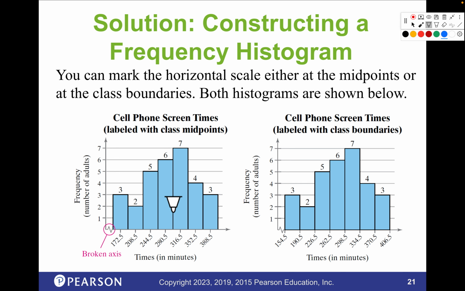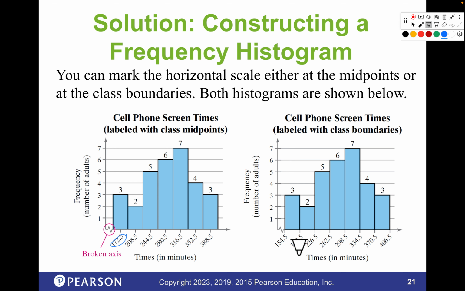And then what they do, there's a couple different ways you can do this. So one way of doing it is you could use the midpoint on your graph. And I'll show you how you can actually do multiple graphs. So once you've got your frequency table, you could make this one, or with a quick change, you could make the other one. You could also show the lower and upper limits for each bar.